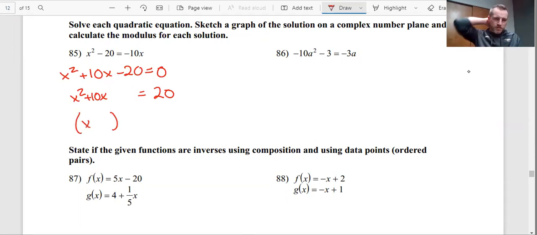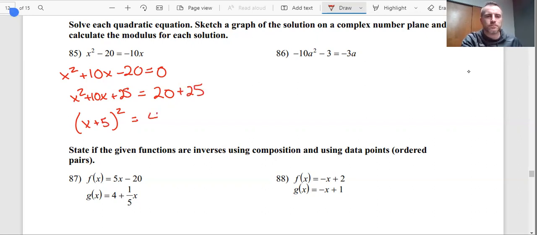So I'm going to have x plus some number squared is equal to another number. Half of the middle number, half of 10, is a positive 5. So that's what goes in the parentheses. 5 squared is 25. And that's what I add to both sides. So this is going to be 45 over here.